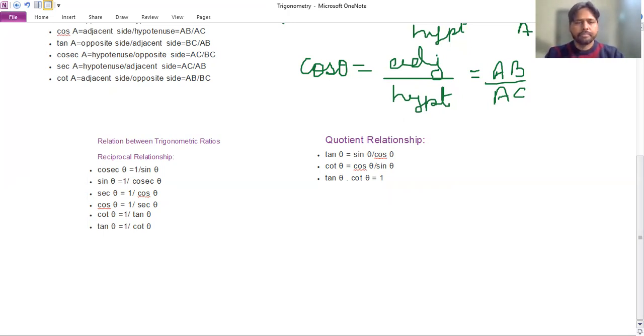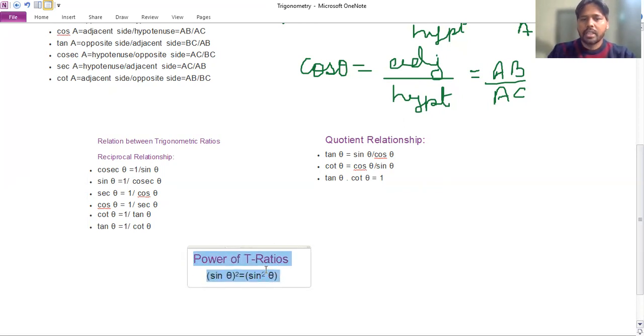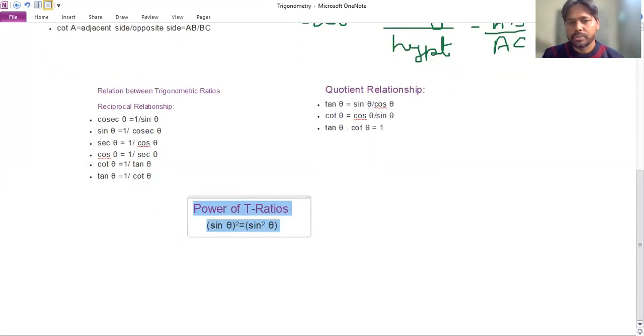In order to understand the concept of trigonometry and trigonometric ratios in a proper way, we should understand the concept of power of the trigonometric ratios. Power of trigonometric ratios is similar to the general power that we use for any variable in an algebraic expression.